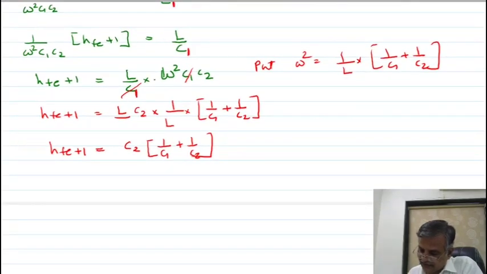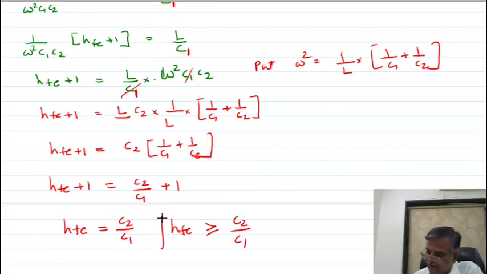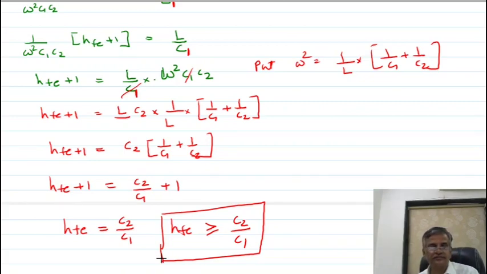So HFE plus 1 is equal to C2 by C1 plus 1. So the gain should be at least C2 by C1, or I can write HFE should be greater than or equal to C2 by C1. This is the condition for sustained oscillation.